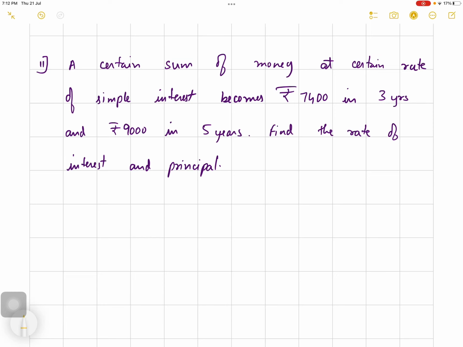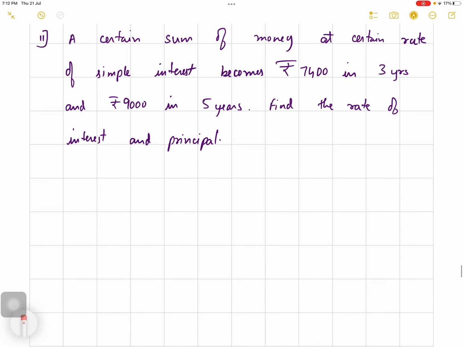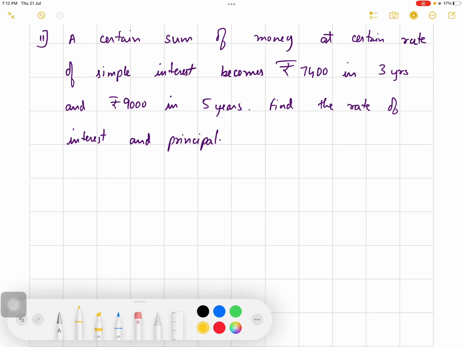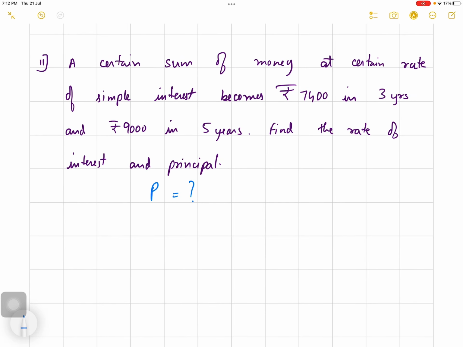Now here the principal is not given. The principal is not given, but if you keep this money at a certain rate, the rate also we don't know.